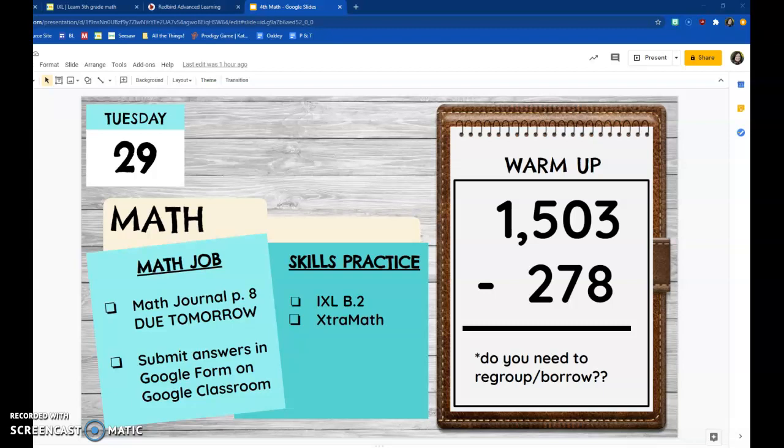Okay, so I've got mine written down here. Don't forget to think about borrowing or regrouping. If you don't have enough on the top to take away in a place, then you need to make sure you're borrowing from the place next to it. Okay.